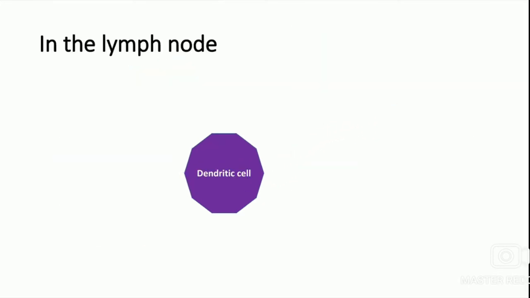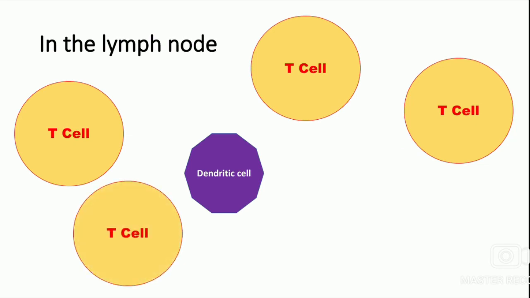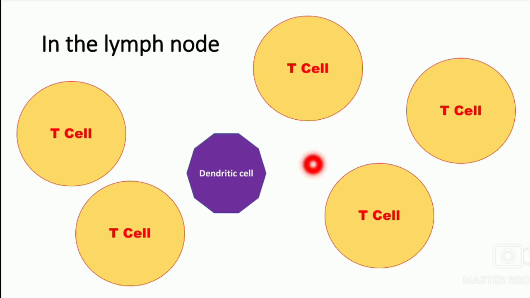And inside the lymph node, our dendritic cell will encounter several T cells. These T cells are one of the most important players of our adaptive immune system. Now the dendritic cell passes the information it has received from the antigen-carrying macrophage to the specific T cells. As a result, a particular T cell will get activated.